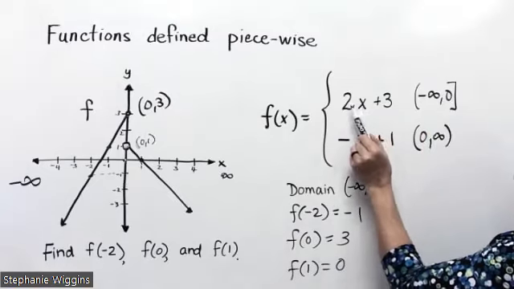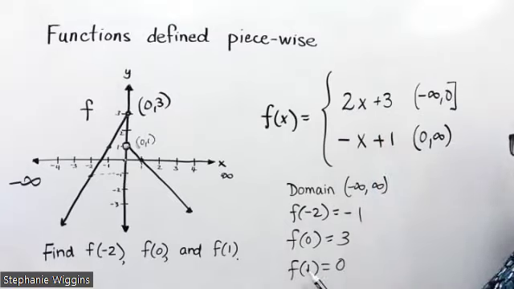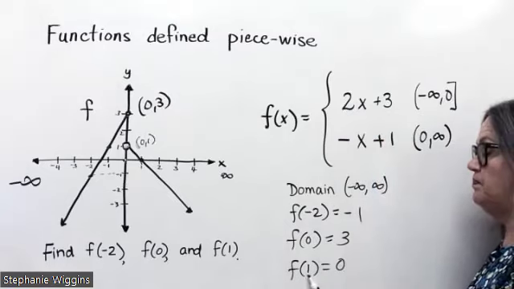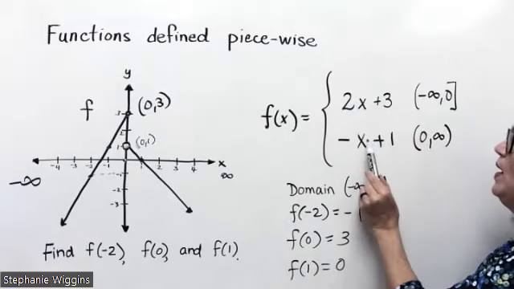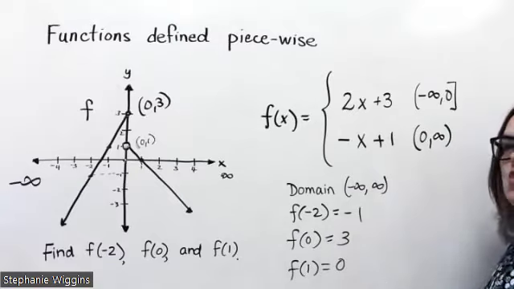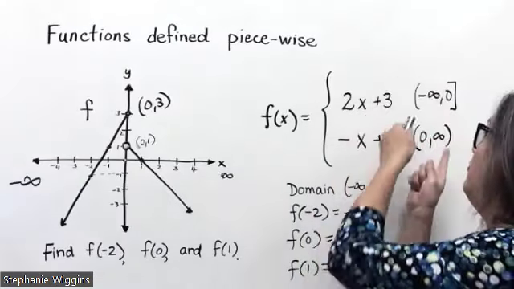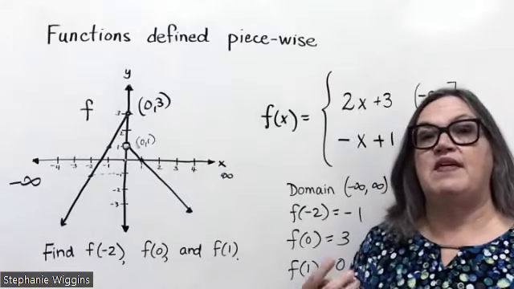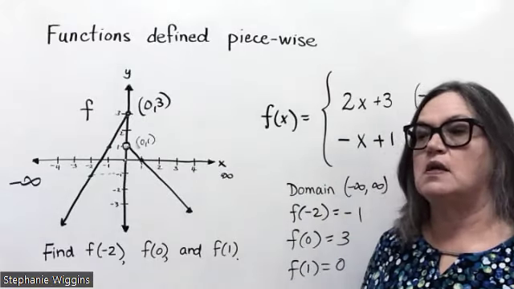So, again, 2 times 0 plus 3 is 0 plus 3, or 3. But here, 1 is not in this interval, it's in this interval. So -1 plus 1 is 0. So you look at the point that you're picking to evaluate, and you find the right interval that it lies in, and then you use the appropriate equation. That's how you do functions defined piecewise.